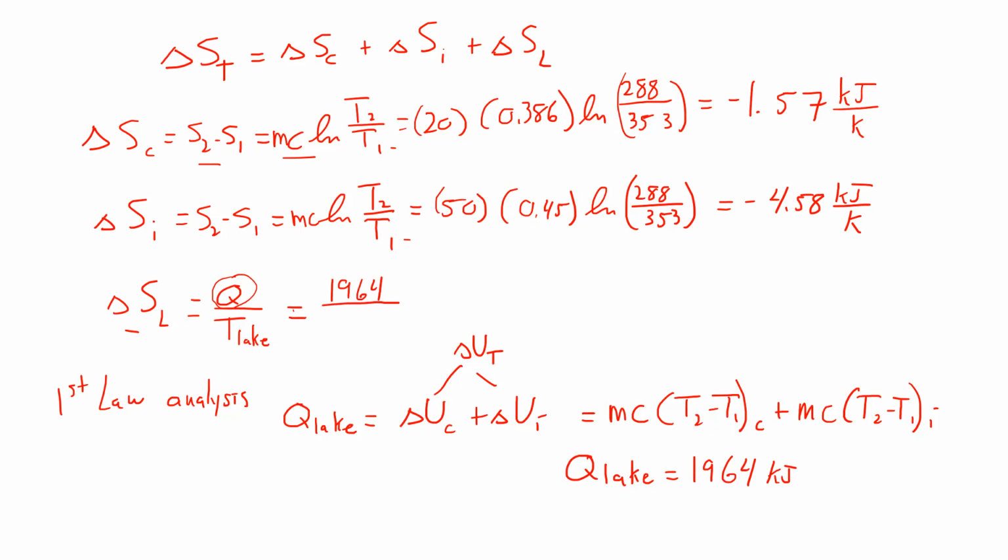The temperature of the lake is 288 Kelvin. So that tells me that the lake has an entropy change of 6.82 kilojoules per Kelvin.